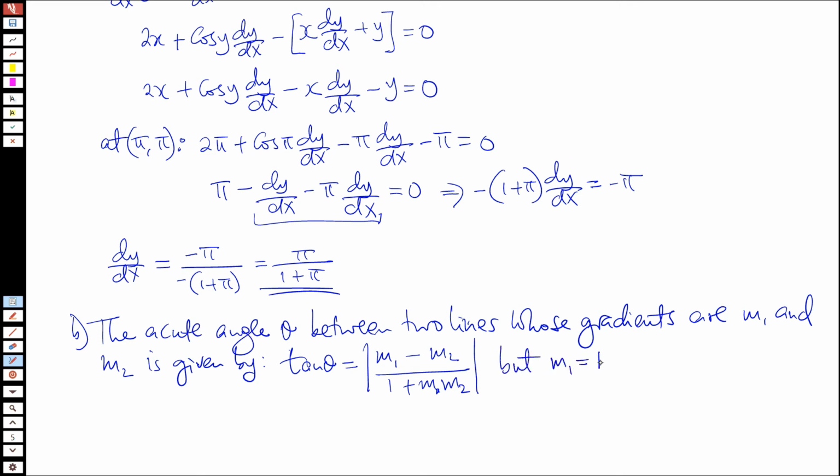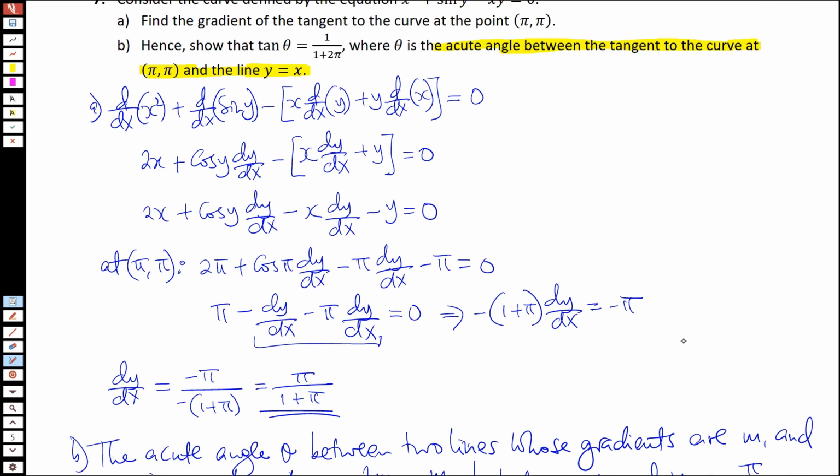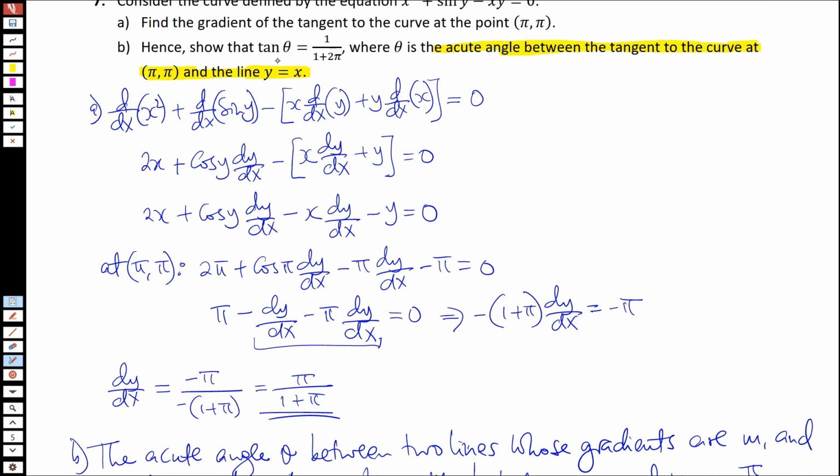So m1 is just 1. And m2 will be the gradient of the tangent at (π, π), which is given by π over 1 plus π. So, by plugging these two, m1 and m2, into this formula, we shall actually be answering the question, which is we are required to show that tan θ equals that.